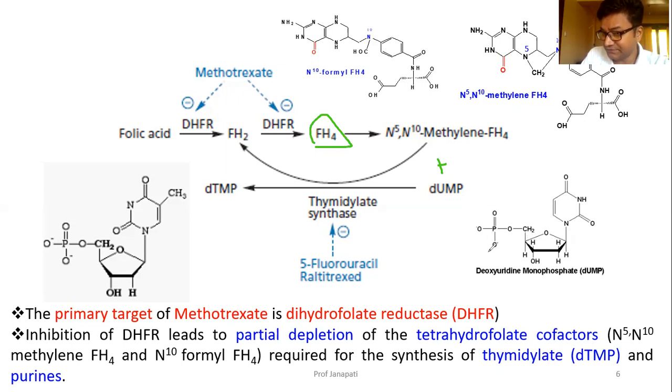So it has one phosphate. Deoxy means there is no hydroxyl group at the second position. Uracil plus ribose sugar is called uridine, and with the phosphate group here, deoxyuridine.